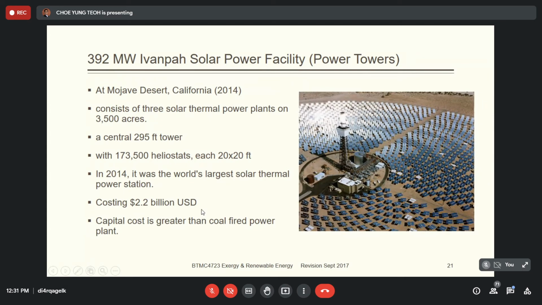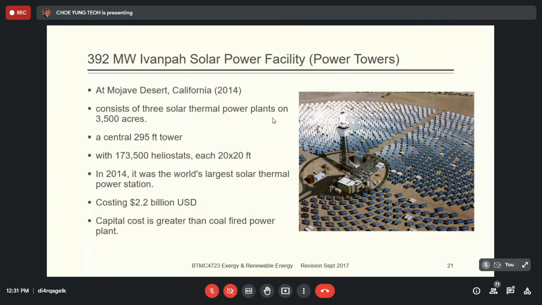It's very, very expensive. And the capital cost is greater than a coal-fired power plant. I mean the capital cost per kilowatt of energy, or per unit of energy. But it's still cheaper than a nuclear power plant. Okay, this system is more expensive than a coal-fired power plant, but cheaper than a nuclear power plant.